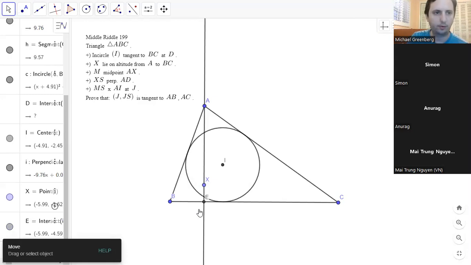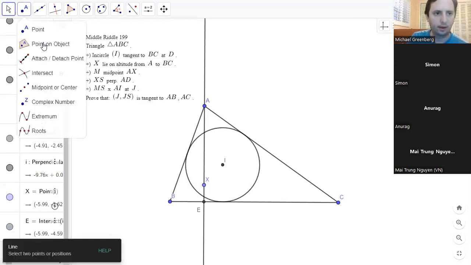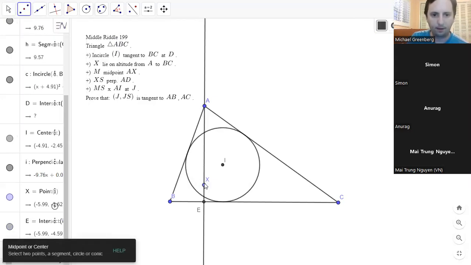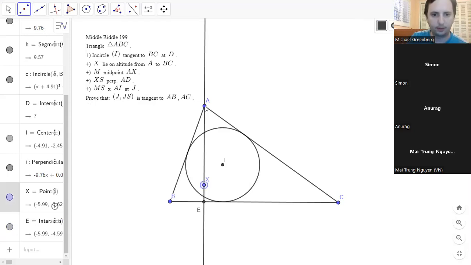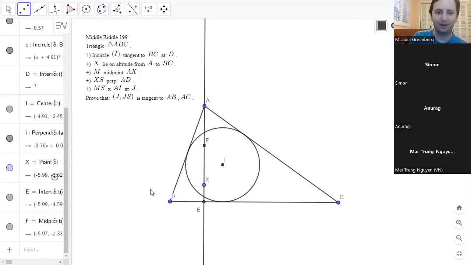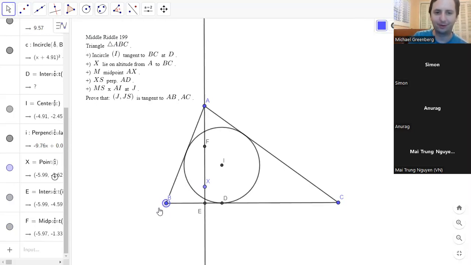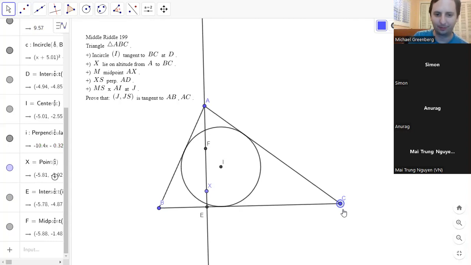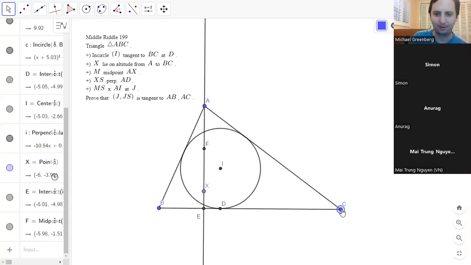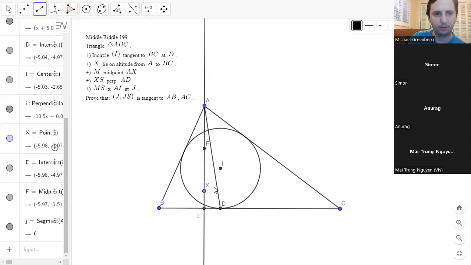So M is the midpoint of AX, and XS is perpendicular to AB. Oh yeah, the point of tangency disappears often in GeoGebra when you change the diagram, so you've got to be very careful. There we go.